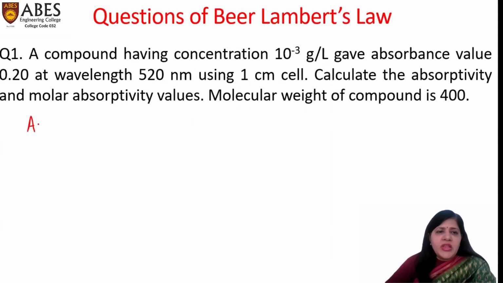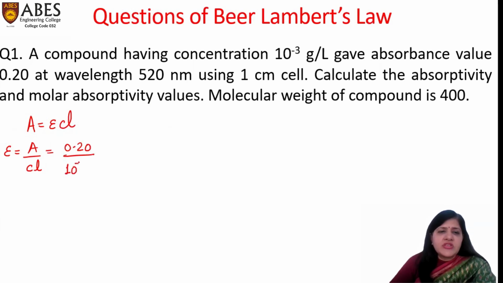So according to Beer-Lambert's law, absorbance is equal to epsilon Cl. We have to calculate absorptivity, which is expressed as A upon Cl. Absorbance is given as 0.20.